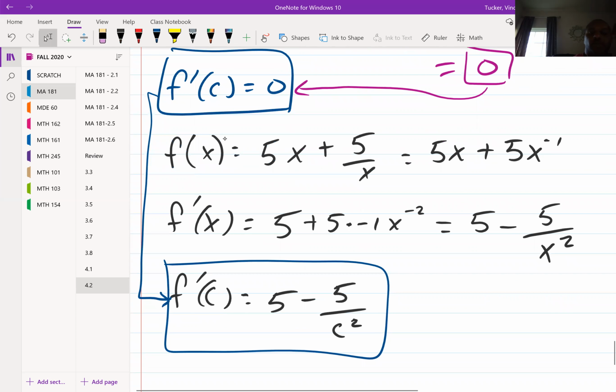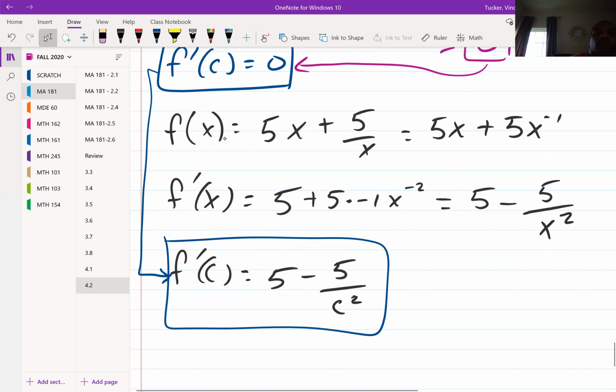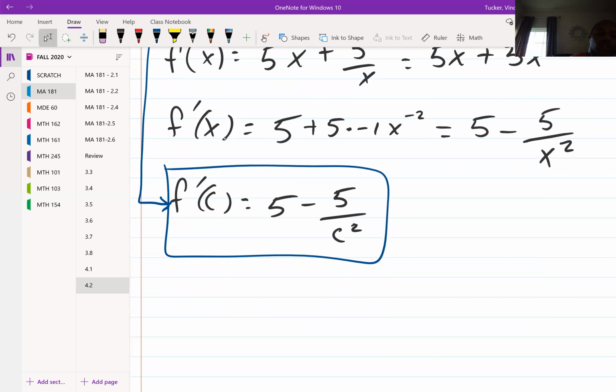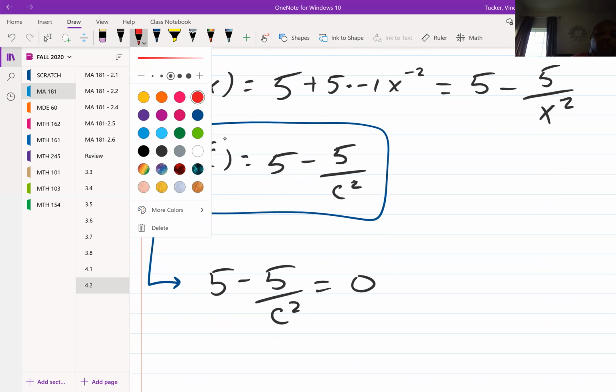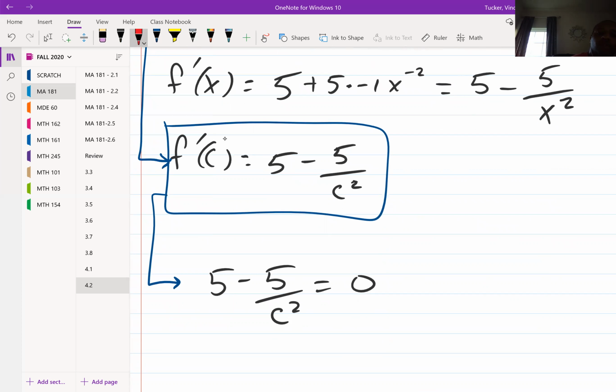So now we have our two pieces, and we most definitely can see our relationship here to critical values. F prime of c is equal to 0. So that means 5 minus 5 over c squared is equal to 0. And to solve for c, multiply the whole thing by c squared.